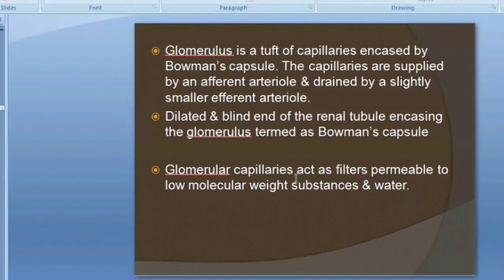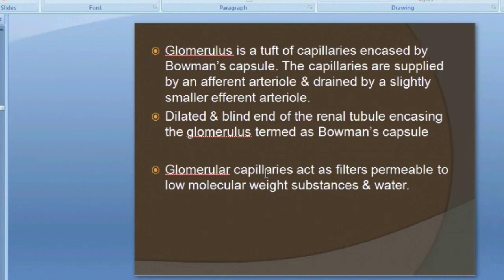Then glomerular capillaries act as filters, permeable to low molecular weight substances and water. In other parts of the body, excepting the kidneys, the capillaries are called exchange vessels.